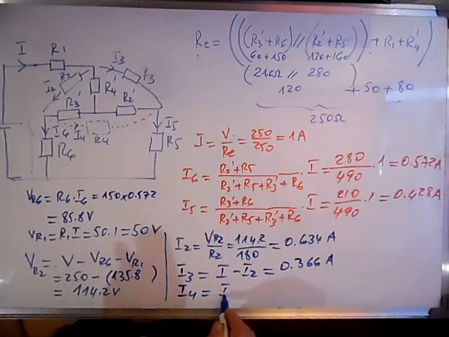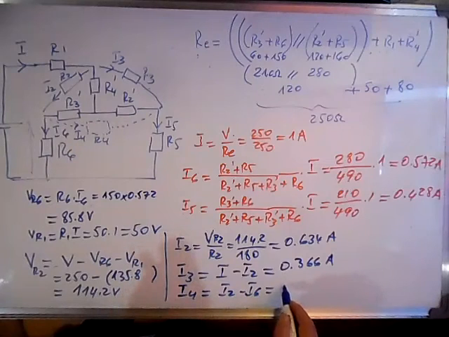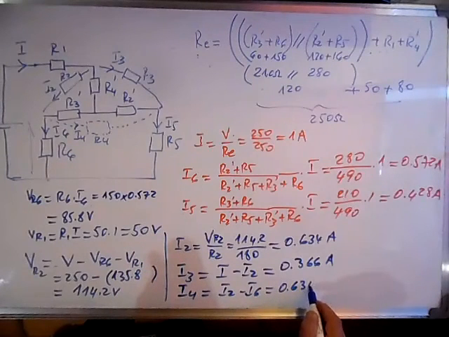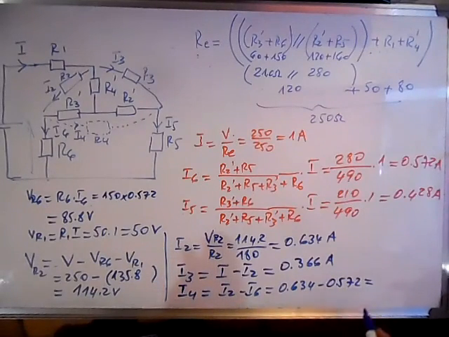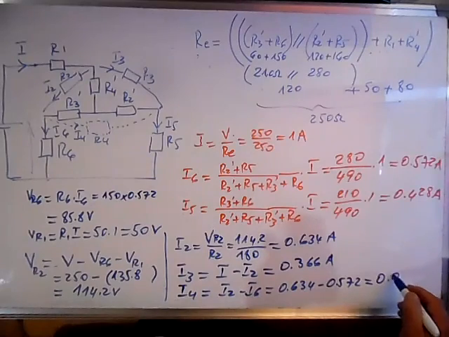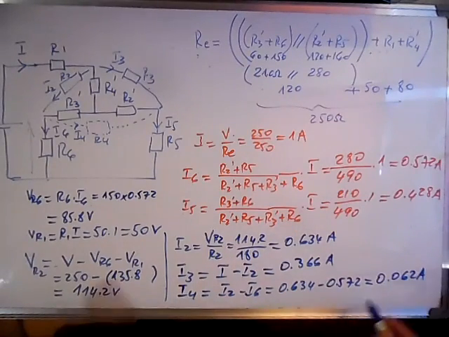I4 is I2 minus I6. I2 is 0.634 minus I6, 0.572, and the result is 0.062 amps. And that's it.